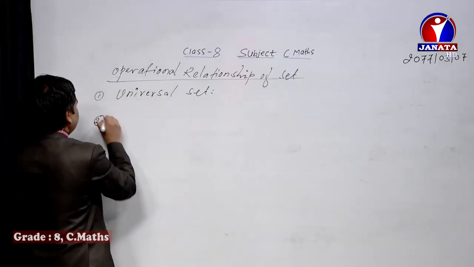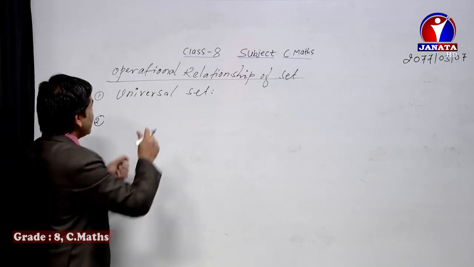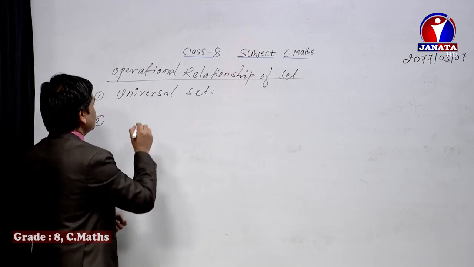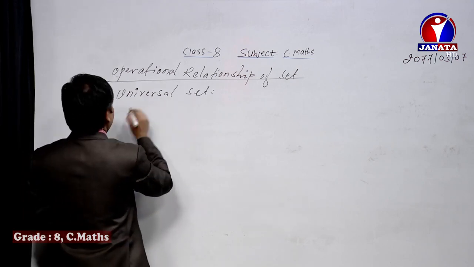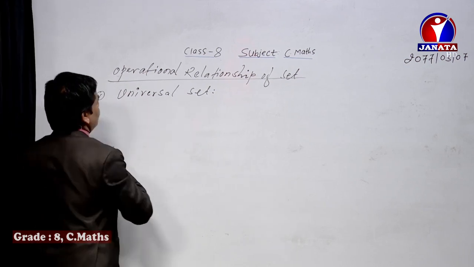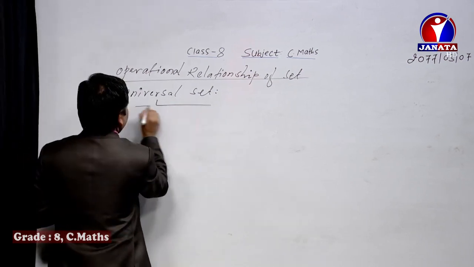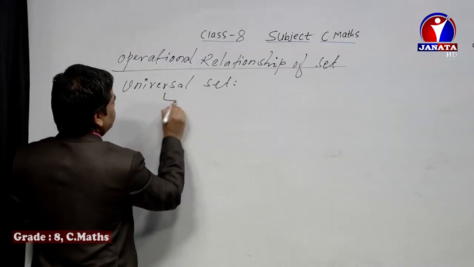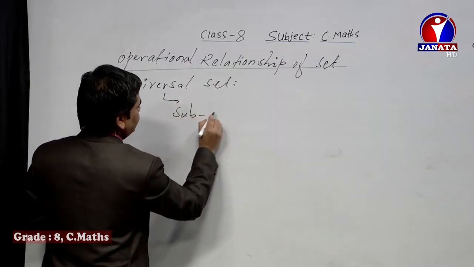Another one is, it has branches, dear students. Universal set has the subsets. So, directly after writing the universal set, I want to focus on its branches. Sorry, only one branch we can keep here, that is subset.